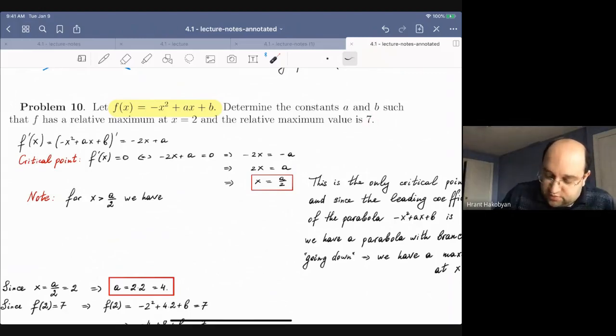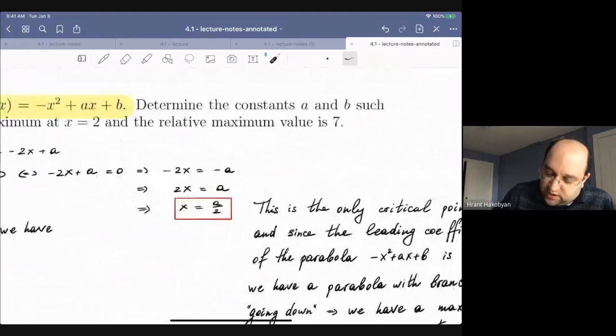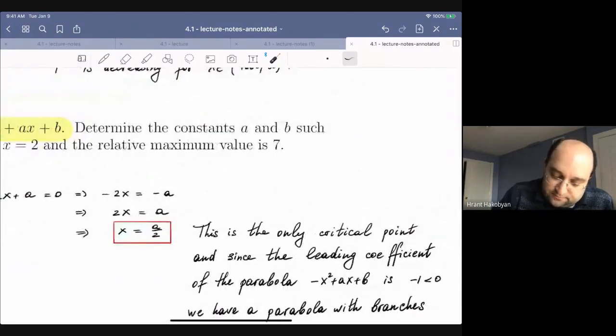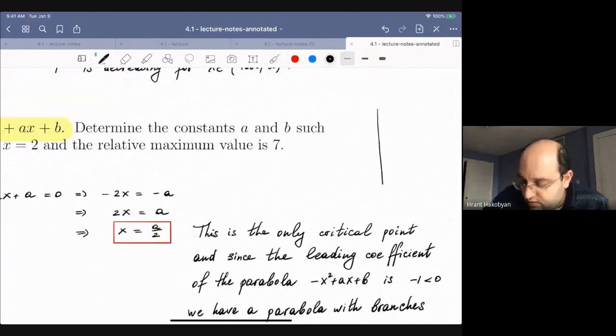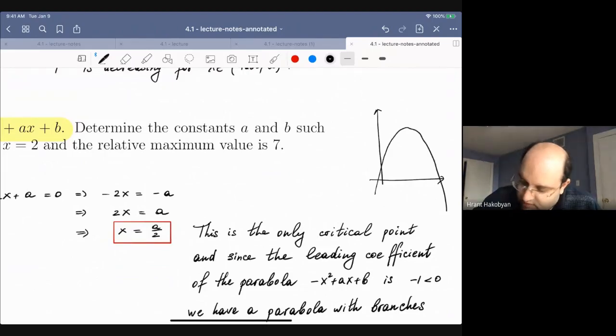So if I drew the picture, it would have to look like this. Well, there's many parabolas, but this one has to look like this. The maximum here has to be at x equals 2, and the height here, this much here, would have to be equal to 7.